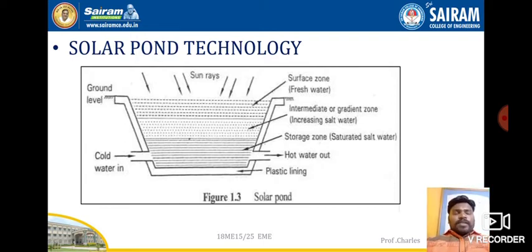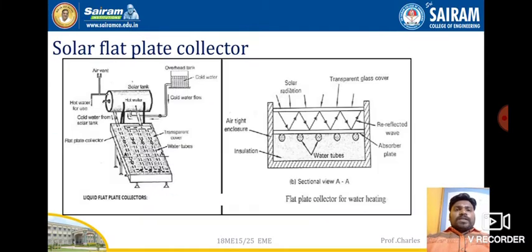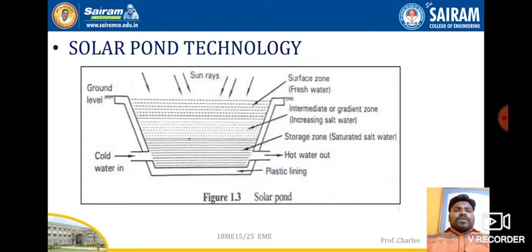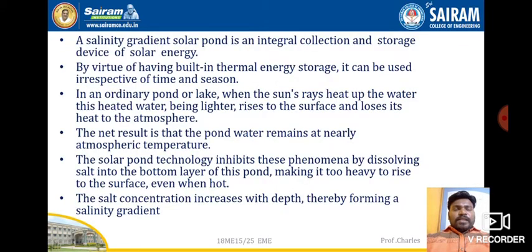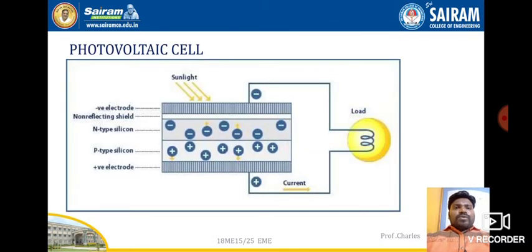They can be classified into three different types. The first one we have already discussed in the previous one, the solar flat plate collector. All right. And the next one is solar pond technology, and then we have seen the photovoltaic cell.